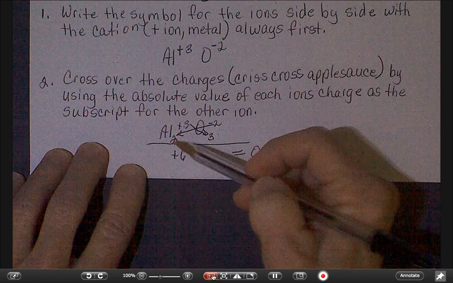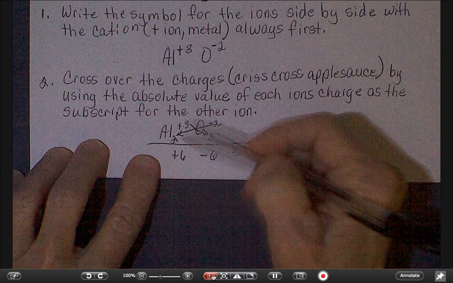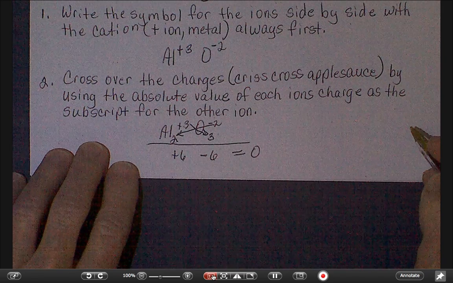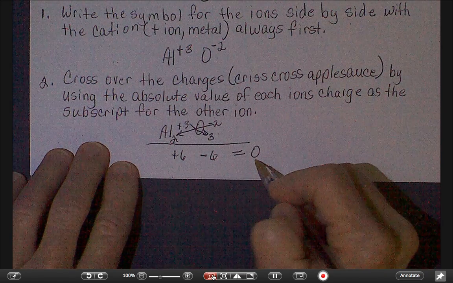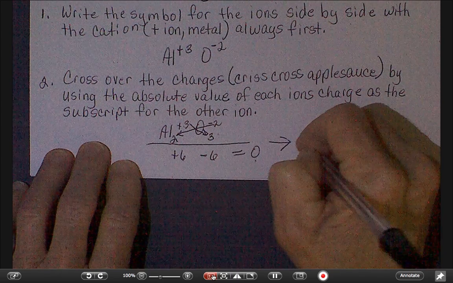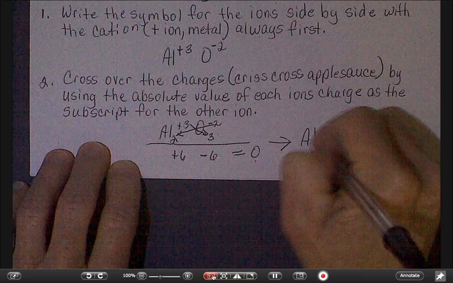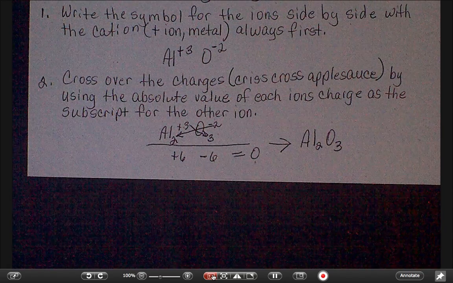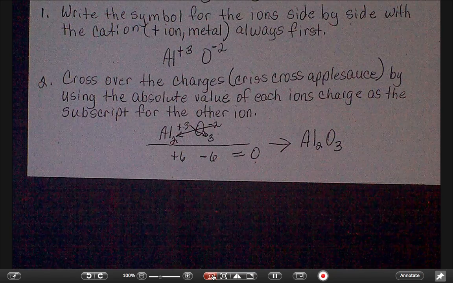So can you see that now on both sides you have the exact same numbers, just opposite in sign? So it will always equal 0. Now, the correctly written formula is Al2O3. Questions?